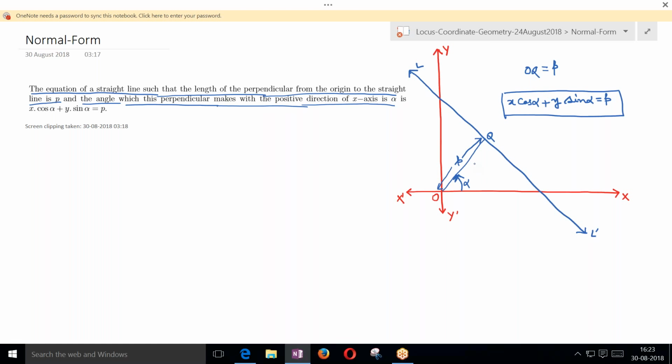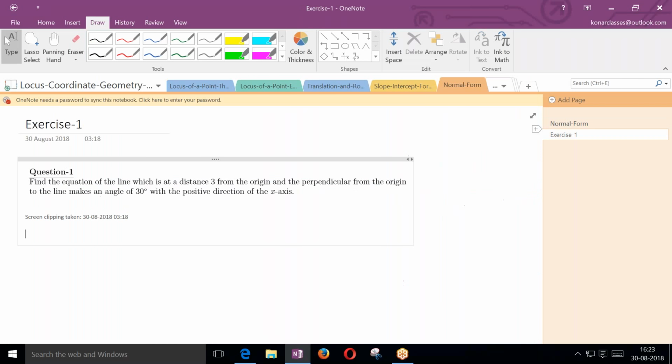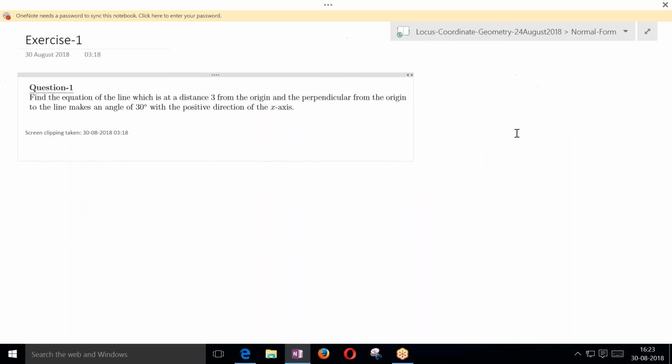Now let us solve one problem together, which will help you understand this form. The question is: find the equation of the line which is at a distance 3 from the origin, and the perpendicular from the origin to the line makes an angle 30 degree with the positive direction of x-axis.